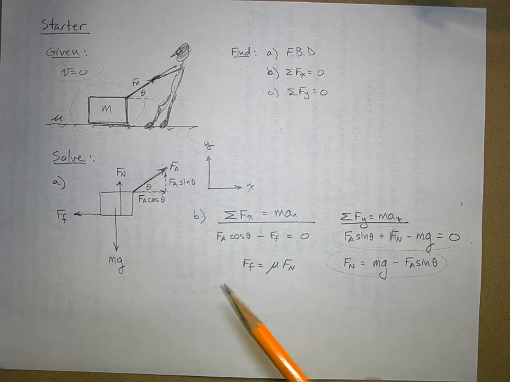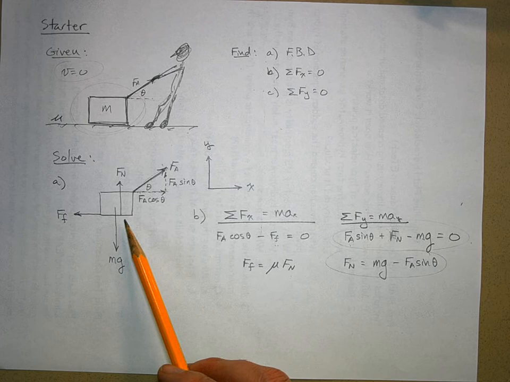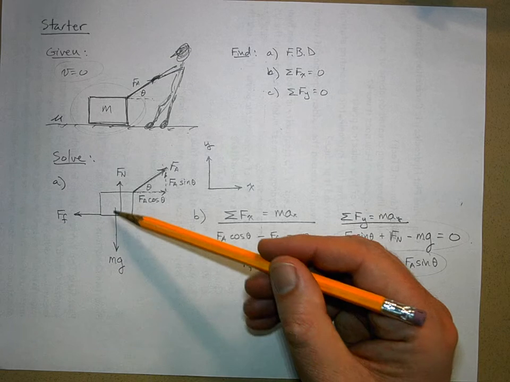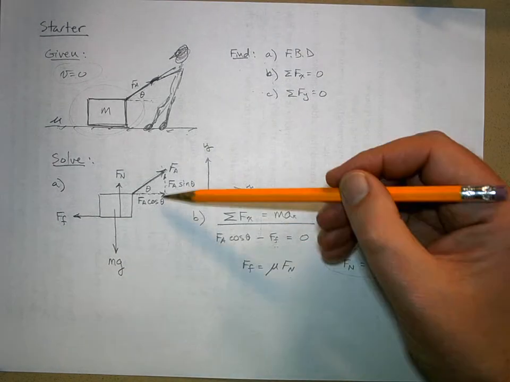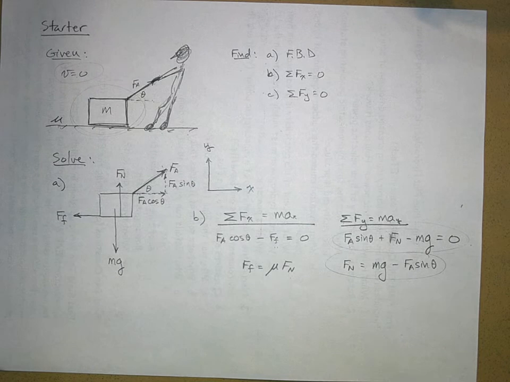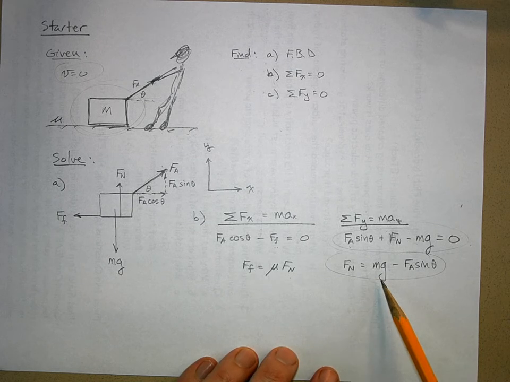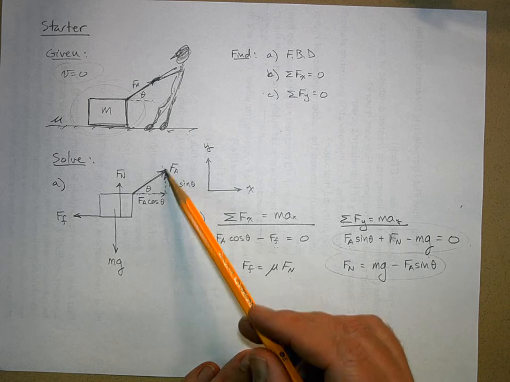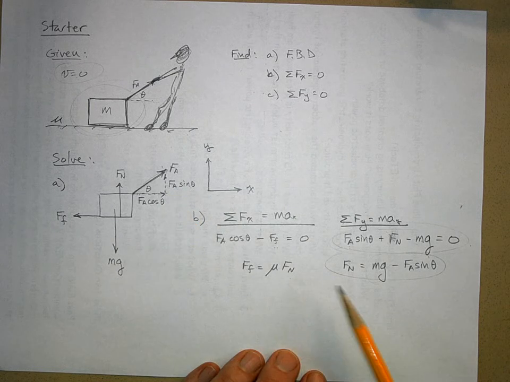If he's trying to pick up the crate, then the normal force doesn't have to support all the weight. So we have gravity pulling down. This guy's pulling up, and if he's not pulling up hard enough, there's going to be a normal force supporting the rest of the weight. Doesn't that make sense? Okay. So here's all the weight. Something has to support it. Well, we got the normal force and the y component of the applied force. So anyway, there you go.